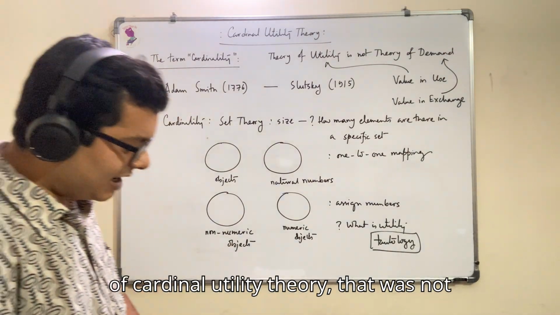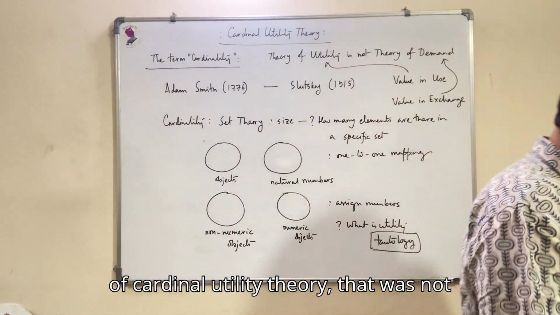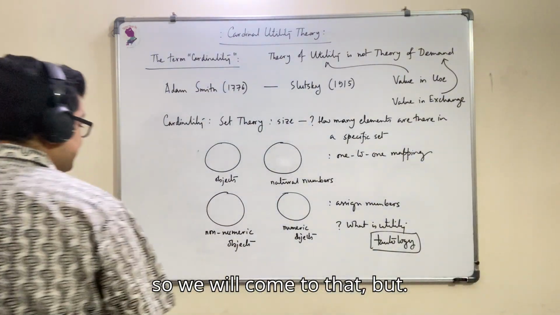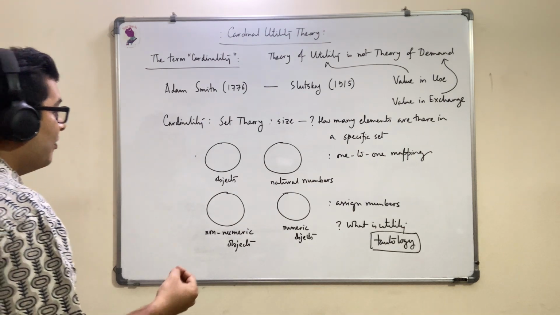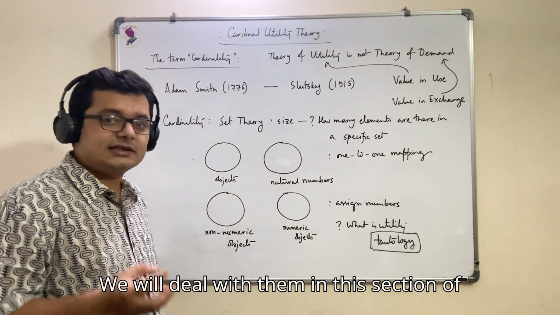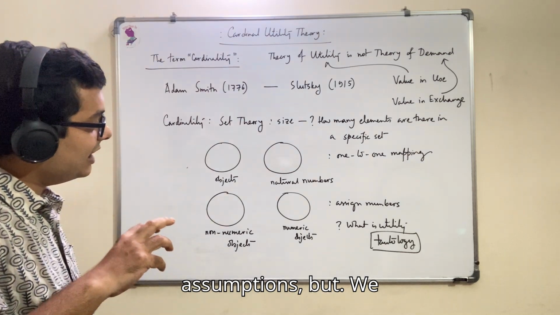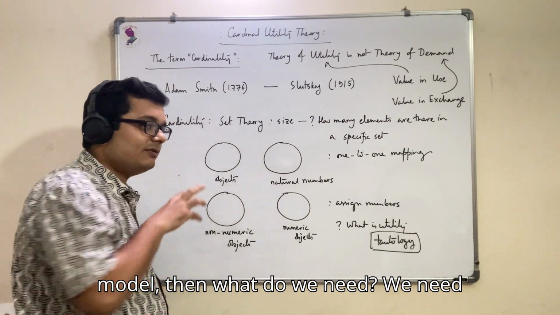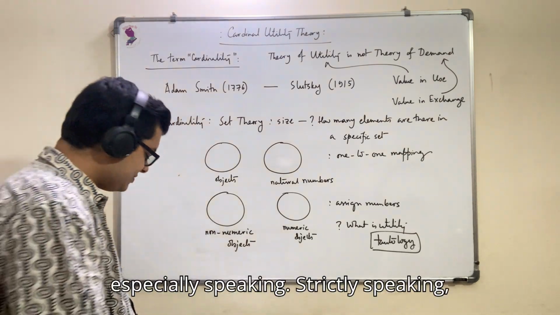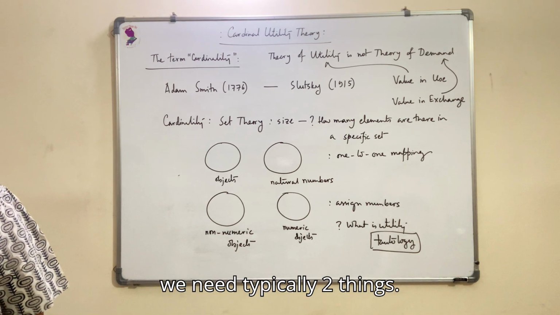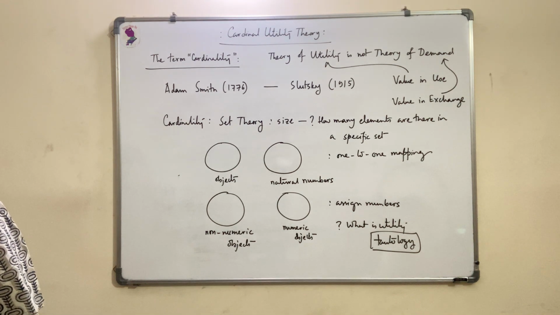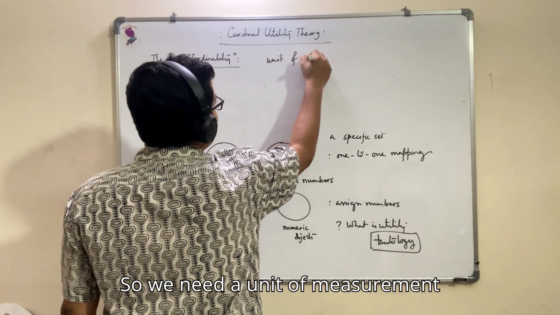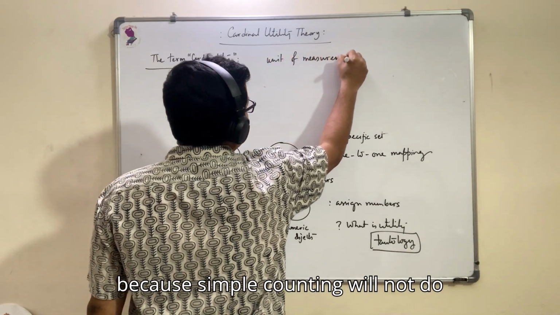But in the days of cardinal utility theory, that was not really the case. Okay, so we will come to that, but we will deal with them in the section of assumptions. But we must clarify that if we want to build a model, then what do we need? Strictly speaking, we typically need two things. So we need a unit of measurement, because simple counting will not do.